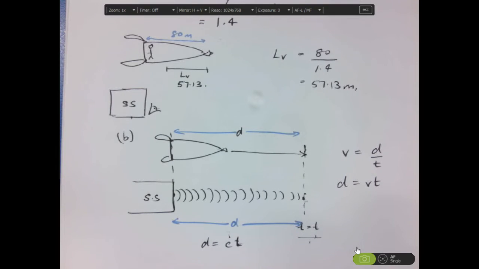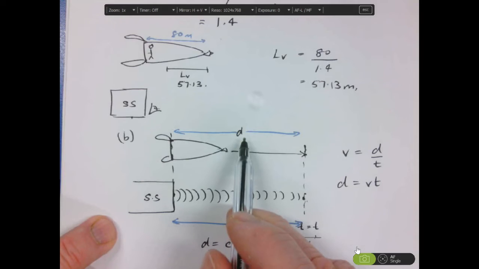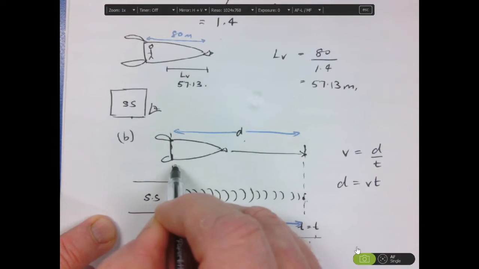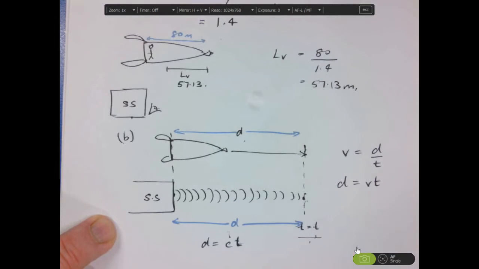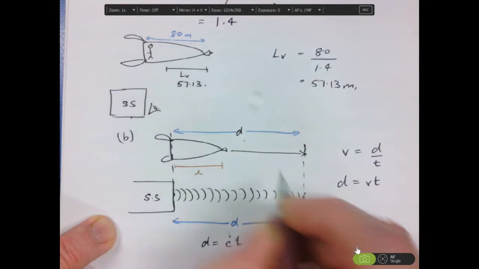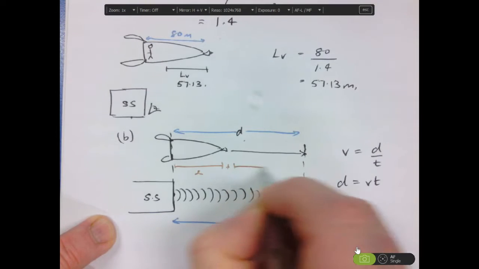Now, what would be this distance up here? Obviously, it's the same as this distance, but in reference to the spacecraft, it would be equal to this length here plus this distance here.